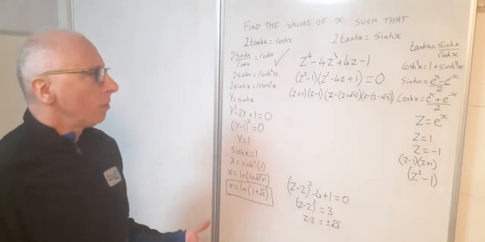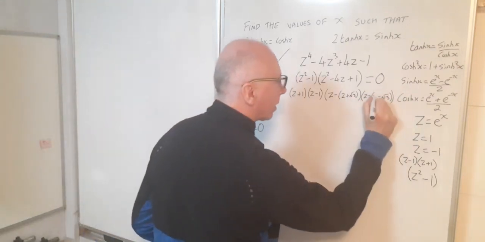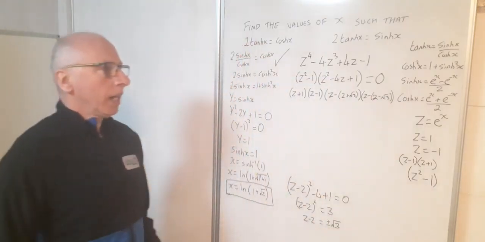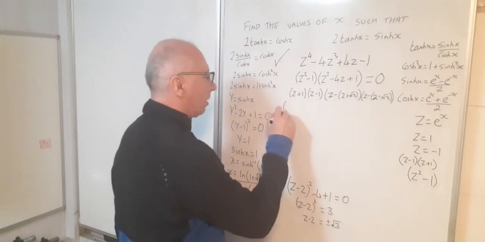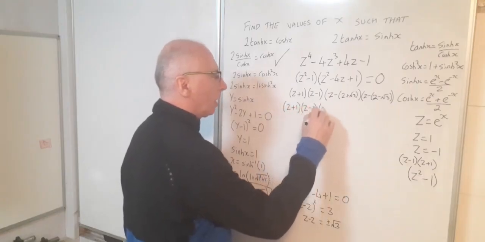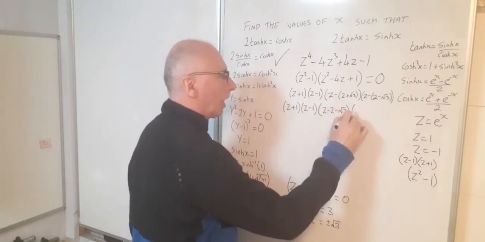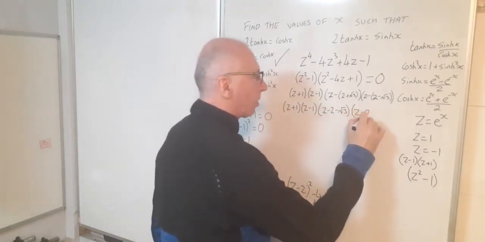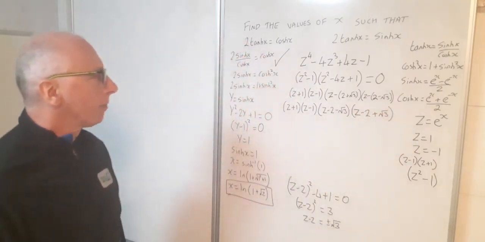So that's all of my solutions there. Let's make that 2 not look like the z that's next to it. Okay, so let's just rewrite these out a little bit better. So z plus 1, z minus 1, z minus 2 minus root 3, and z minus 2 plus root 3. There we go, a little bit easier to read.